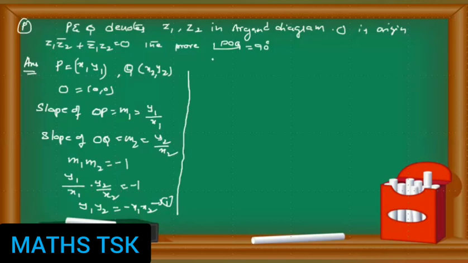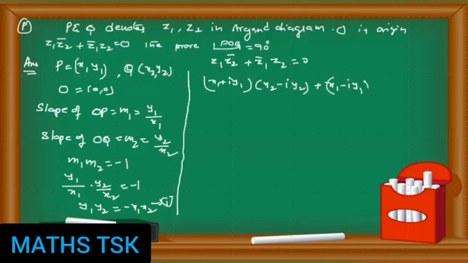The given condition is z1 z2 bar plus z1 bar z2 is equal to 0. That is x1 plus iy1 into x2 minus iy2, plus x1 minus iy1 into x2 plus iy2 is equal to 0.